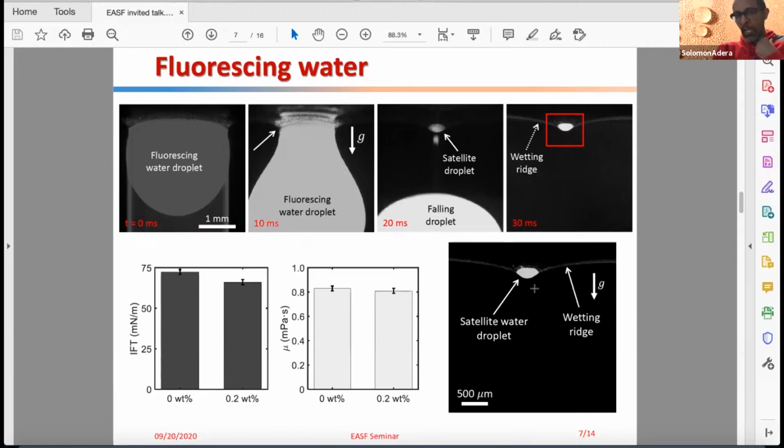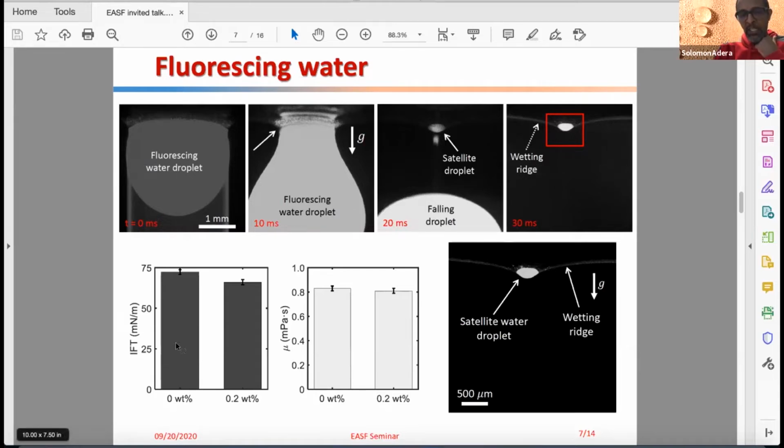To ensure that the systems are equivalent and we're not distorting the experiment, we measured the surface tension and the viscosity of water with and without the fluorescent dye. The fluorescent dye we added is only 0.28%, compared to pure water at 0%.